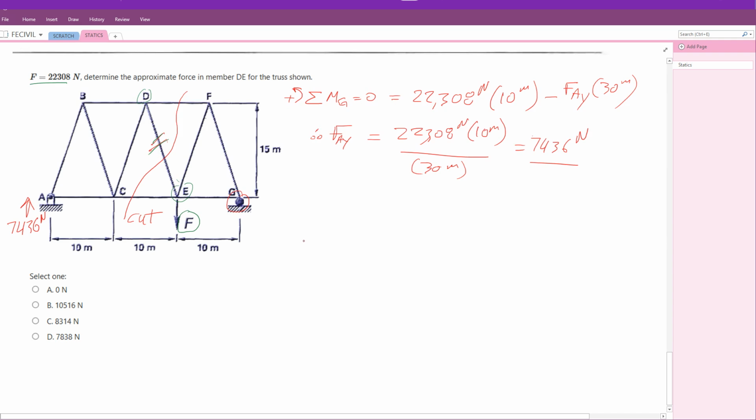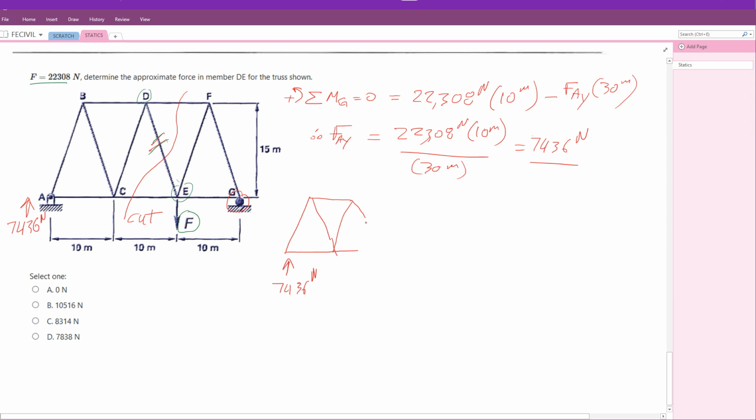We can now focus on our cut. I'm gonna just make a sketch. It's not gonna be perfect, but so you can get the idea how the cut works. So we're cutting right here. So we have here a force going up, 7.7436 newtons.